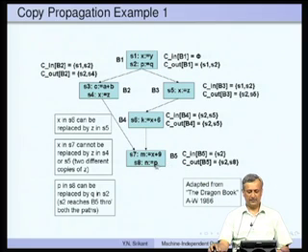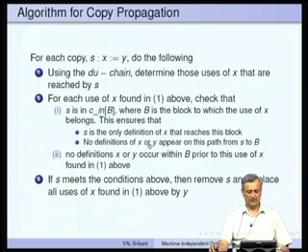Then this p can be replaced by q because S2 is reaching this particular basic block. And x here cannot be replaced by either this or this because no copy corresponding to x equal to something reaches the in point of this particular basic block.